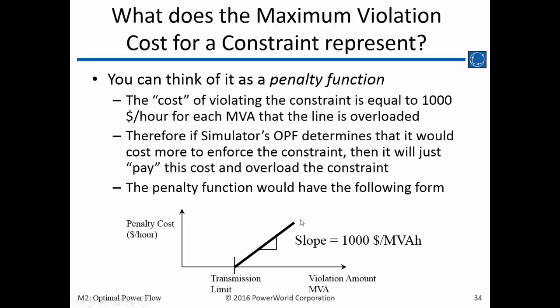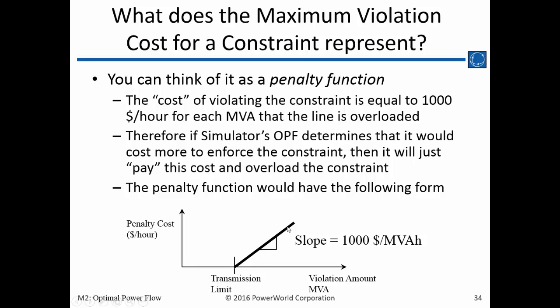All right, so graphically, this is what the maximum violation cost looks like, and like we mentioned, it's a constant on the dialog, and it just gives rise to a slope. So you can think of a transmission limit as having a function where if the transmission is operating anywhere below its limit, there's no cost associated with it whatsoever.